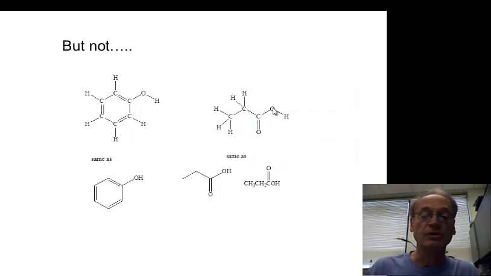But if you have an OH attached to a C double bond O, it's not an alcohol, it's a carboxylic acid. Now you might want to take a minute and interpret this bond line formula and see how it corresponds to this more expanded formula. And similarly, this condensed structure, CH3, CH2, C double bond O, OH, which is the same as this. And then again, this bond line formula to see if it fits with that structure.